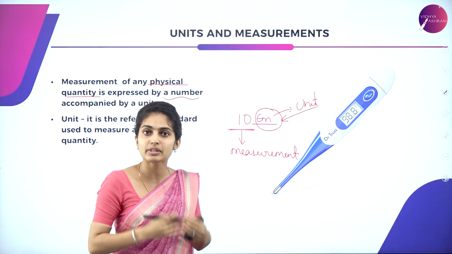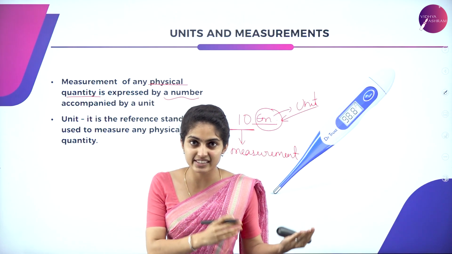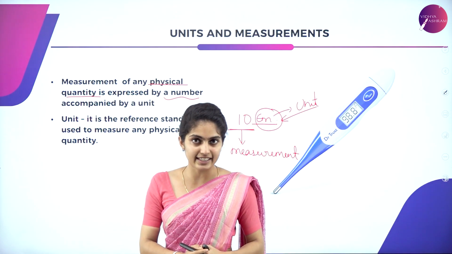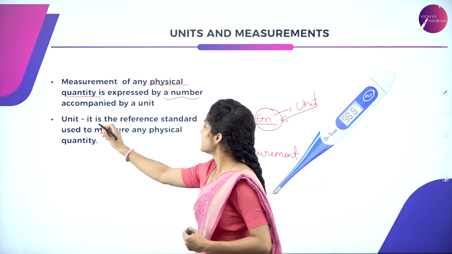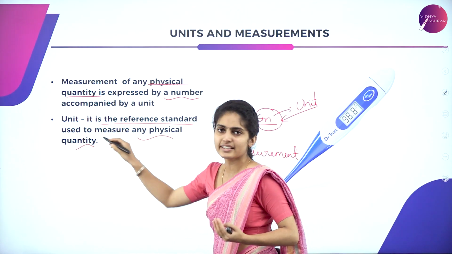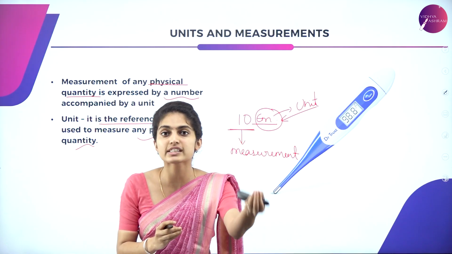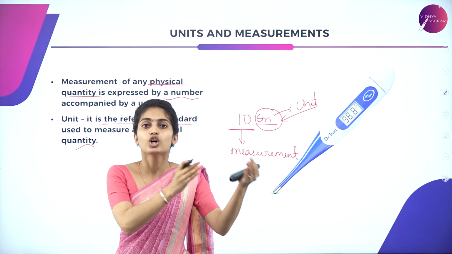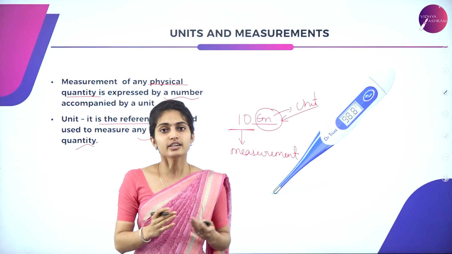It can be centimeters, meters. If it is time, it can be seconds, like that. Okay. So unit, it is a reference standard. It is used to measure any physical quantity, and it represents which physical quantity we are measuring.